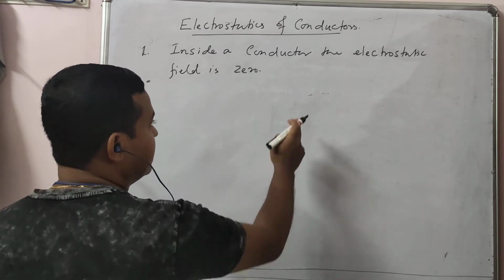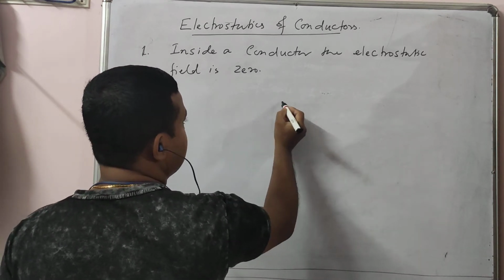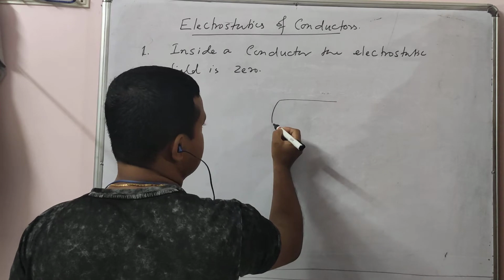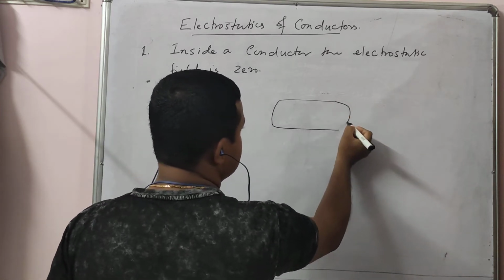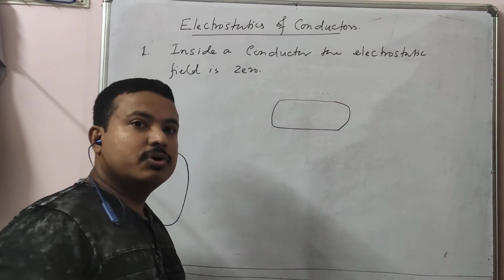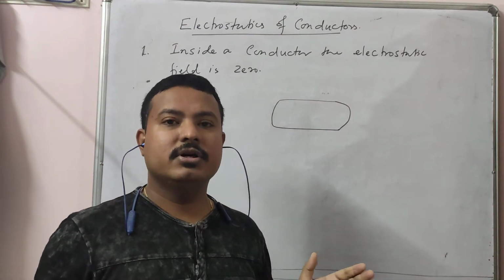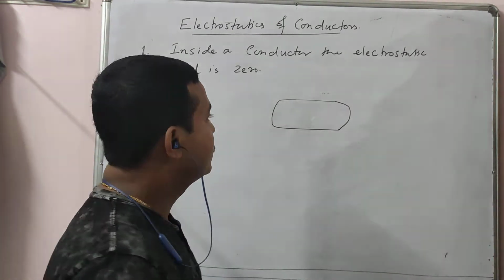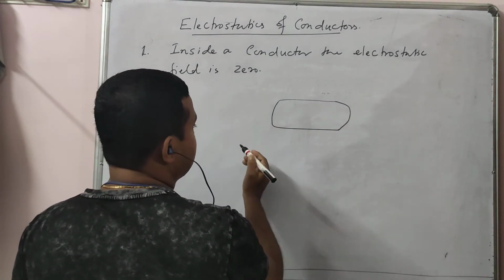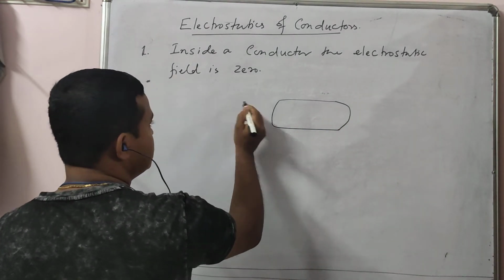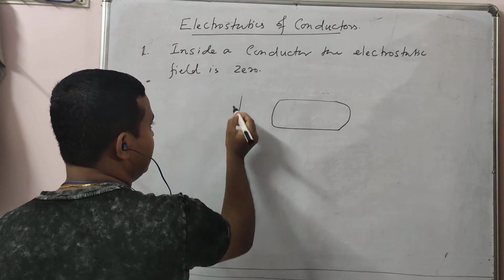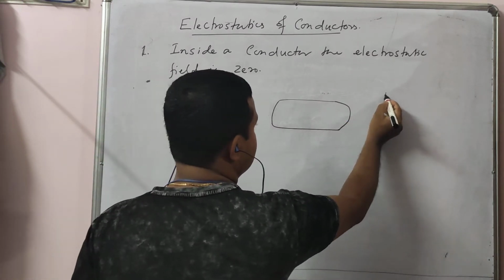So you consider a conductor. This is a conductor, suppose. You know that a conductor has free charges, that means the movement of charges can take place. Now suppose you apply an external electric field.